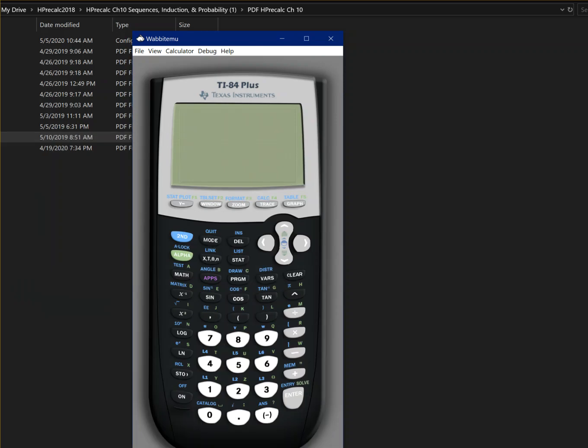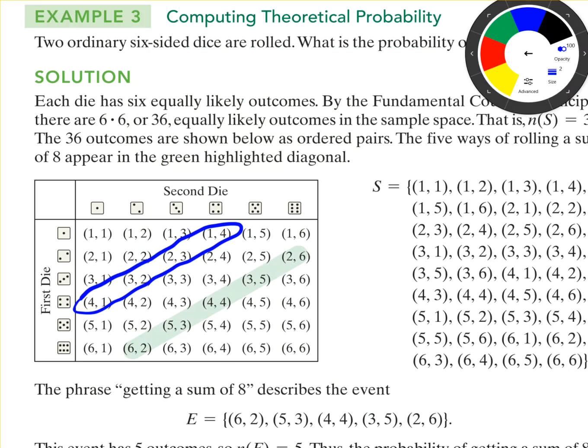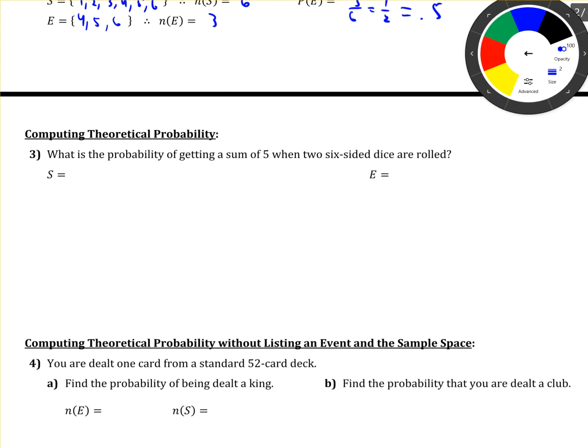So if we look at this, we saw that there was the sample space. I already showed that, you know, 1 1, 2 1, dot dot dot, 6 1, 1 2, dot dot dot, 1 6, 6 6.